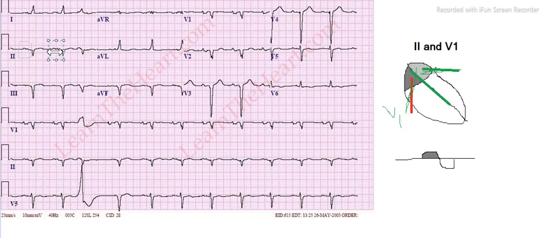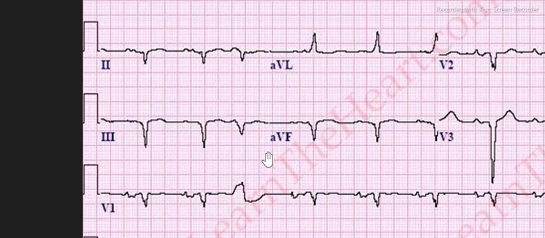Let me show you this in bigger form. It looks like an M, so it is called P mitral. This is the specific feature denoting that there is left atrial enlargement. So in left atrial enlargement you will find a double peaked P wave in lead 2.